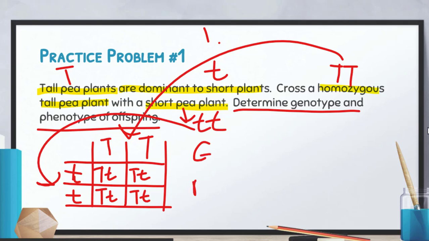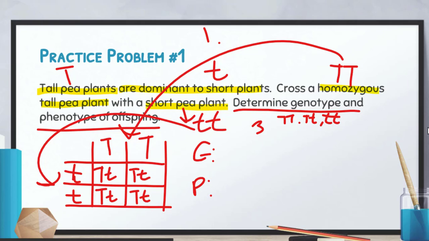We have genotype and phenotype. Now the thing to keep in mind is that when we do monohybrid crosses, there are 3 possible genotypes. I can either be big T, big T, big T, little t, or little t, little t. Okay, those are the 3 possible genotypes. I can be homozygous dominant, heterozygous, or homozygous recessive.